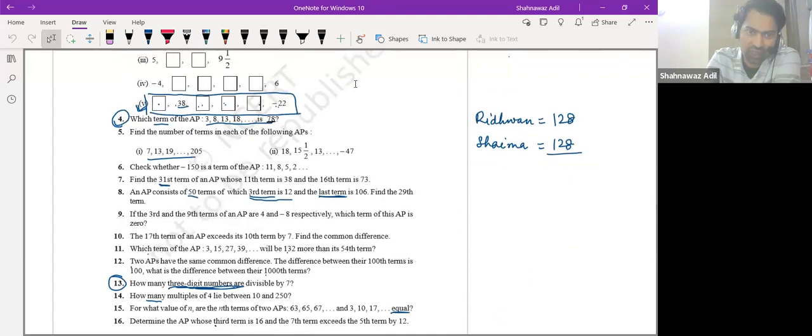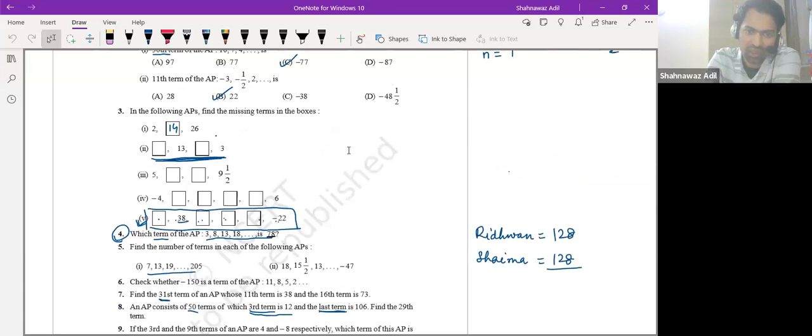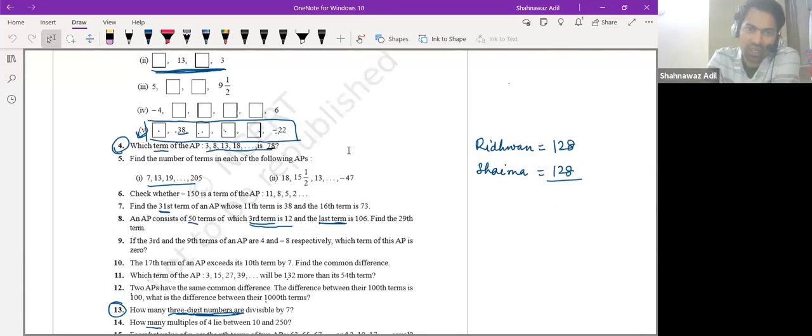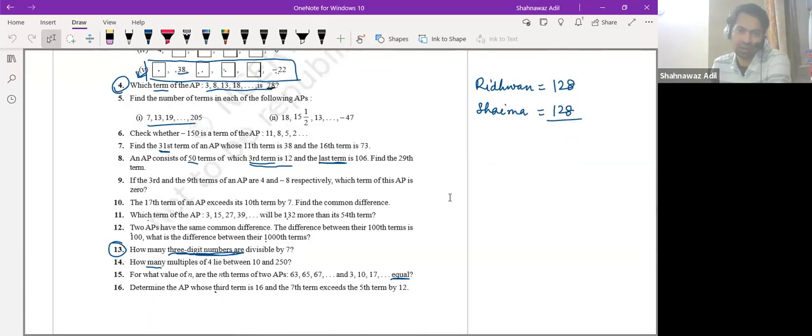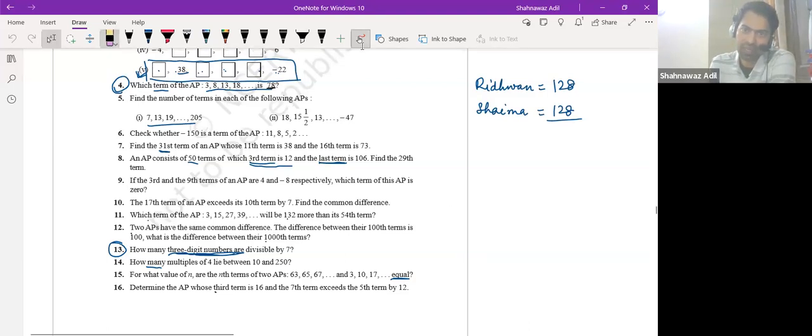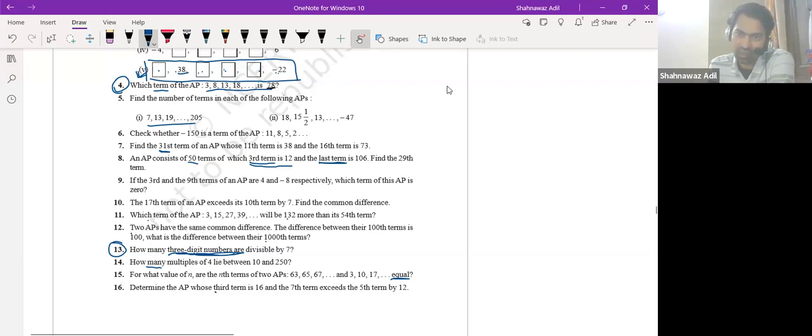So check whether 150 is a term of the AP or not. So this we have to check. The general idea that we know is that let's say you have 1, 3, 5, 7, 9, 11, 13.